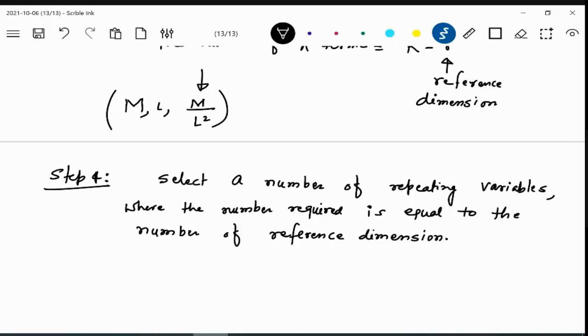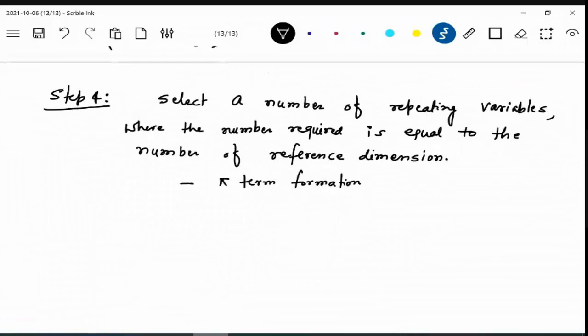Once you know that, initially you have some independent variables, and among those independent variables you have some reference dimensions. Then you have to find repeating variables. So among those variables, you have to select repeating variables, and the number of repeating variables is equal to the number of reference dimensions. This will lead to the formation of pi terms. So these repeating variables we will use to form the pi terms.